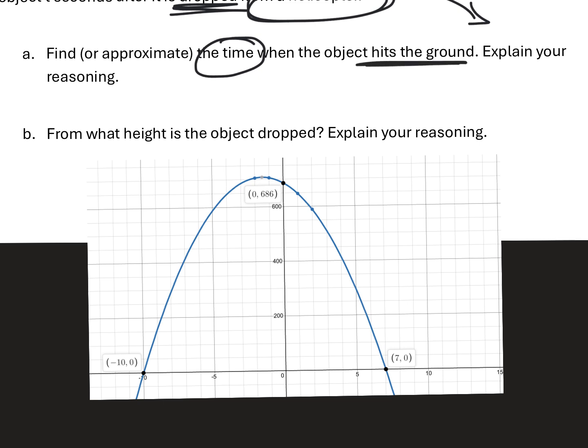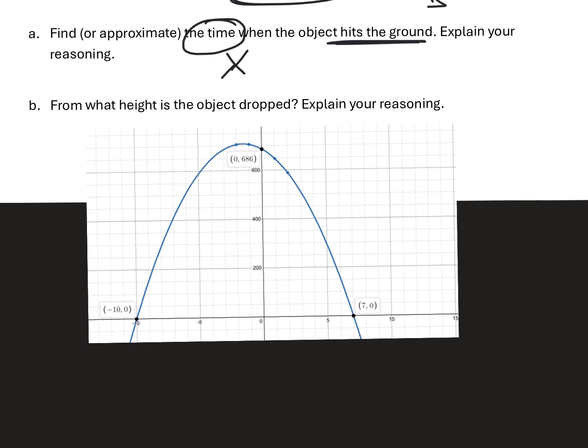And remember that we use the x-axis to represent time. So on my graph, I'm looking at this area here.